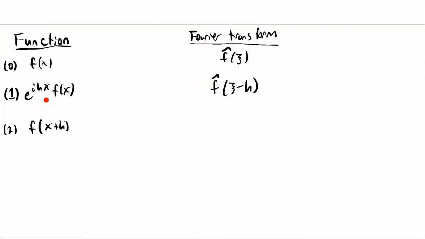So multiplying by a complex exponential becomes translation on the Fourier side. If you reverse this and you instead translate your function in x and then take the Fourier transform, it's kind of like the opposite. You end up with e to the i h xi times f hat of xi, right?